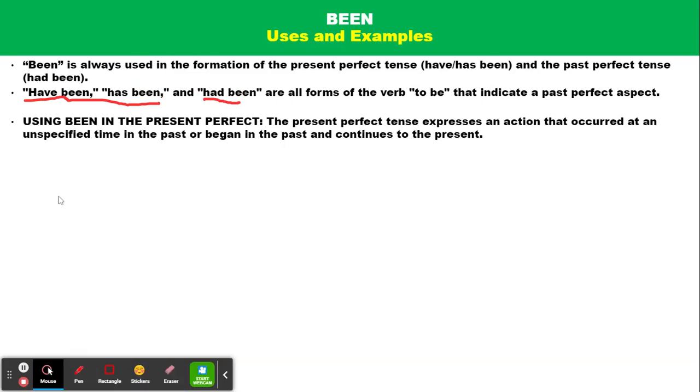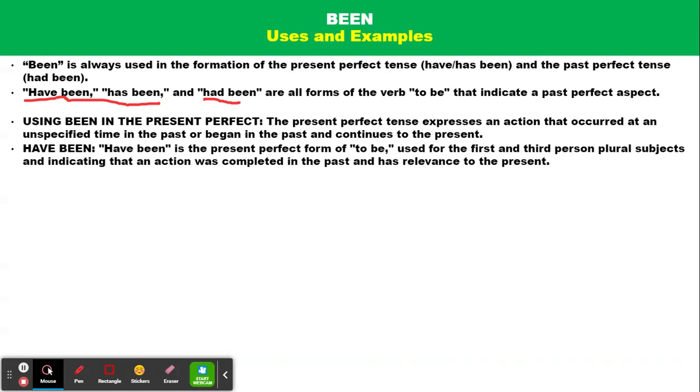Now, using been in the present perfect, let's begin with the present perfect. The present perfect tense expresses an action that occurred at an unspecified time in the past or began in the past and continues to the present. Let's begin with have been.